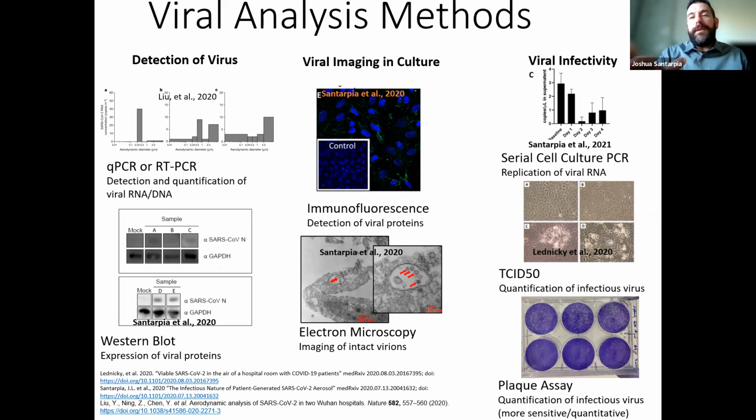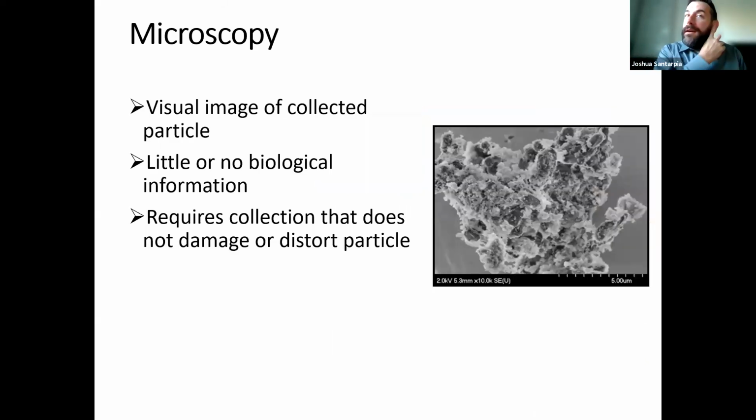And plaque assay is probably the thing that most of us are after the most, because it's the easiest. One, I see cell death. Two, I can count the exact numbers of viruses I think are in the system, because they make little holes in the cells. So it's I think the thing that people like the most.